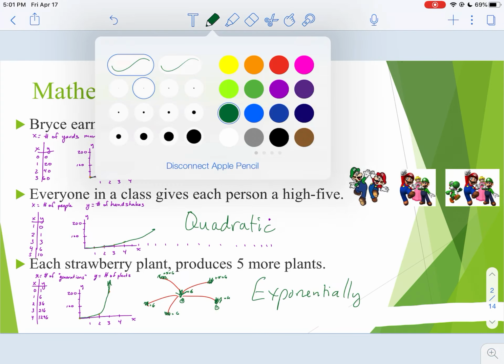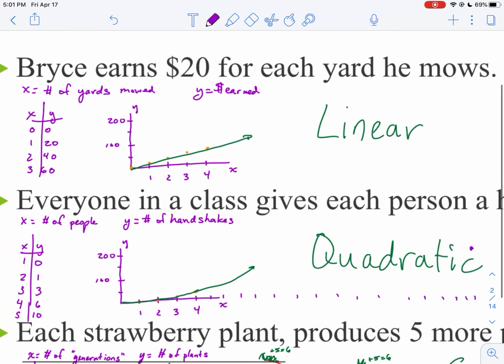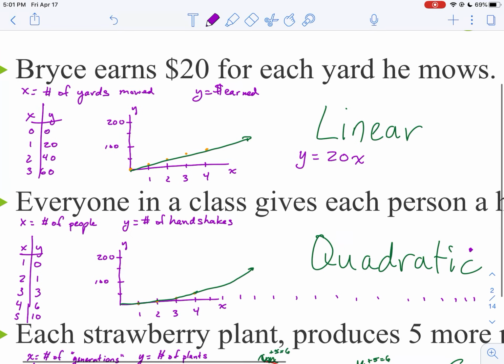I guess I skipped over the equations, didn't I? Wow. Let's take a quick look. Bryce here, his equation would be y equals 20x. Uh-oh, I forget this one. I think it's, well, we could take x, the number of people, times x minus 1 divided by 2, I believe.